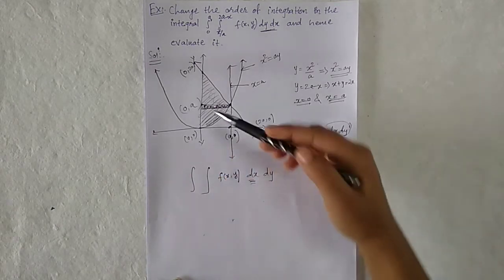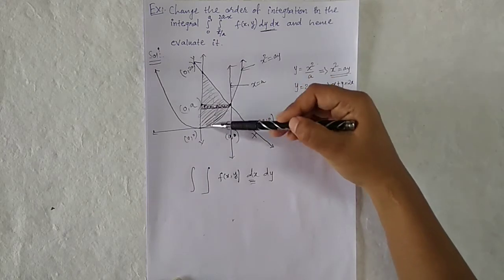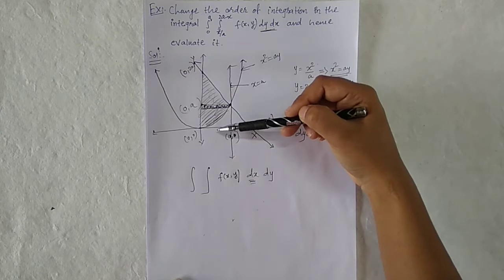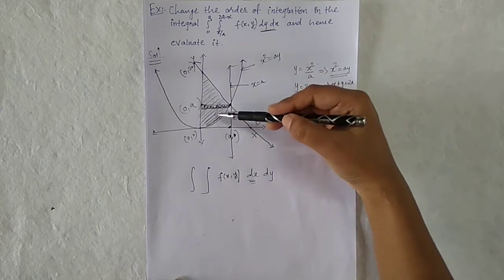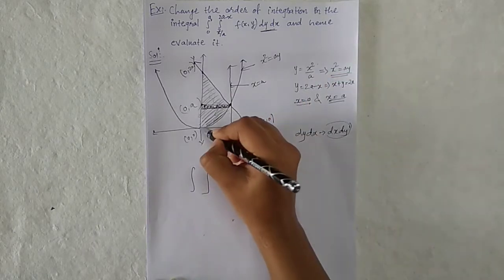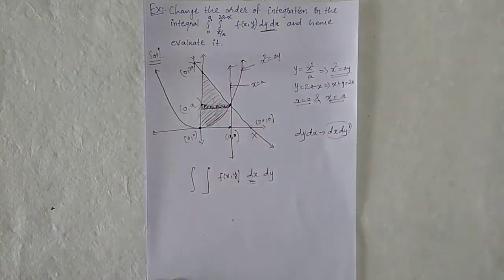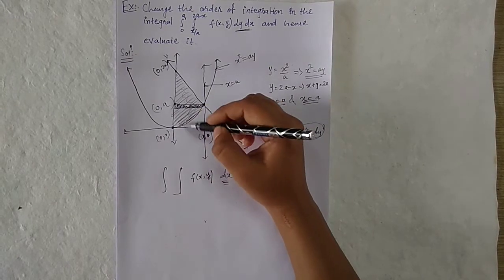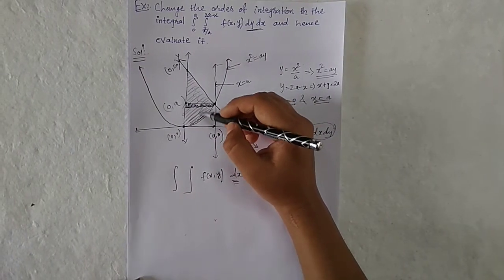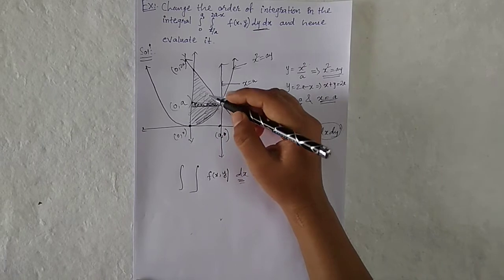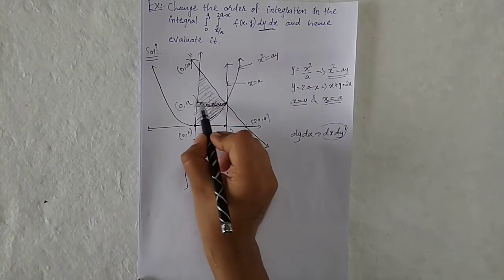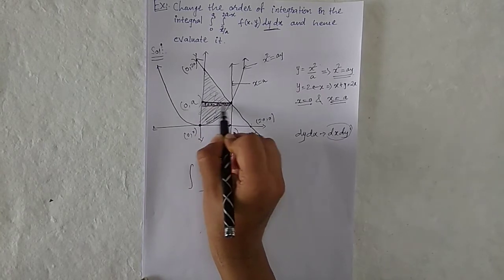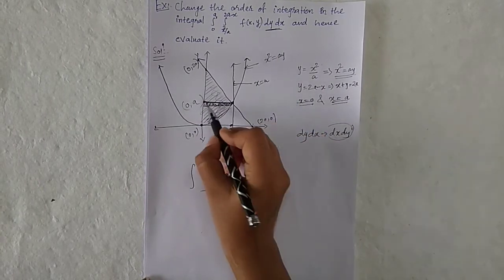So when we are varying this strip in this horizontal direction, along the x-axis there are two subregions, and this line is divided by these two regions.